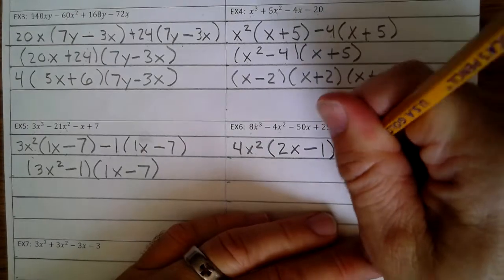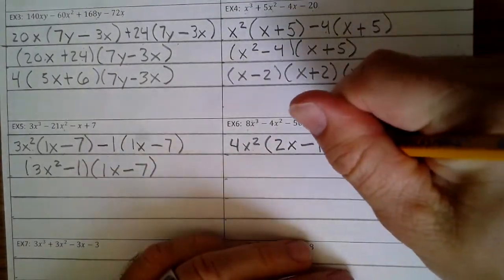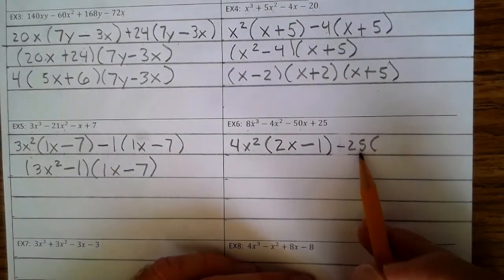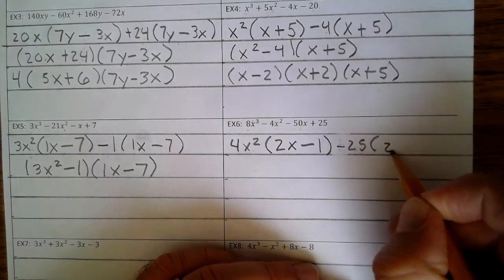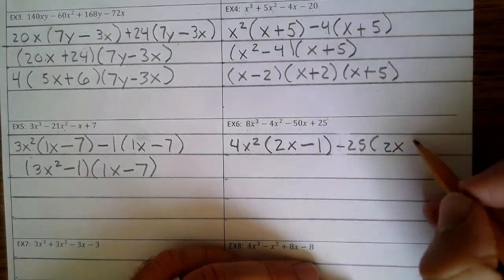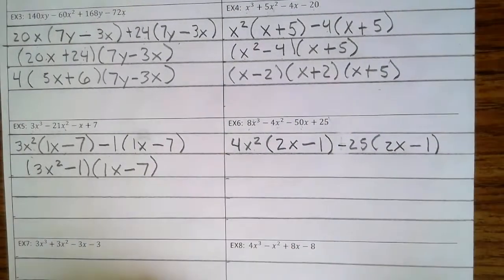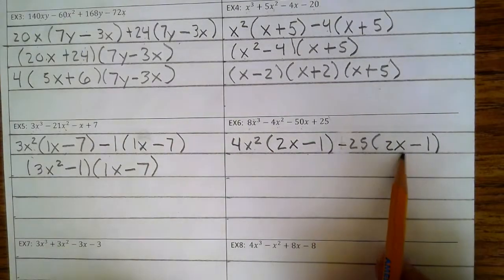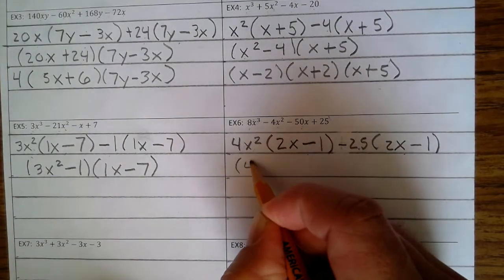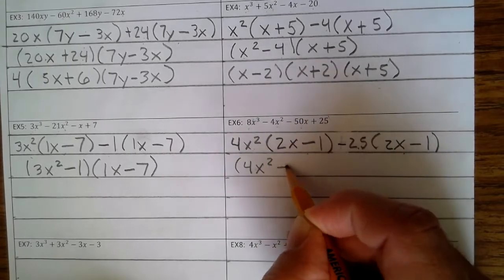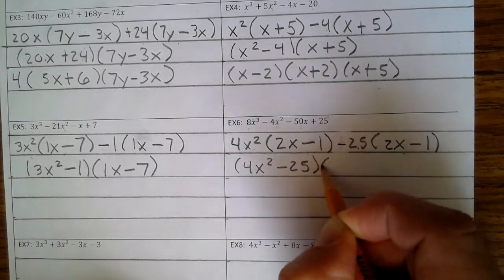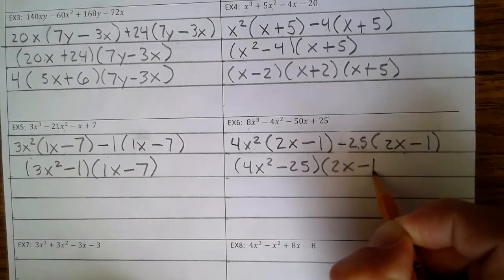We can take out a negative 25. So negative 50x divided by negative 25 is 2x, and 25 divided by negative 25 is negative 1. Now these are the same, so we can group these together. So that's 4x squared minus 25 times 2x minus 1.